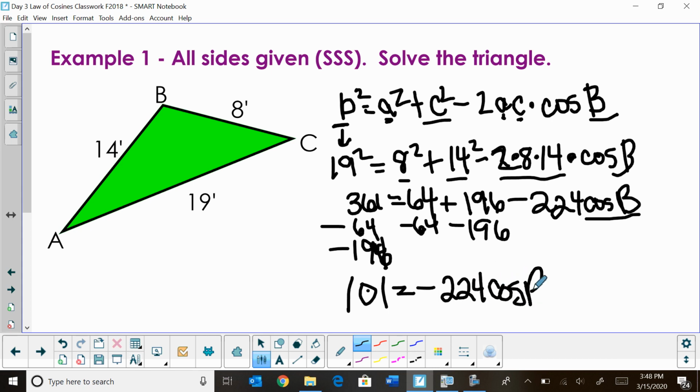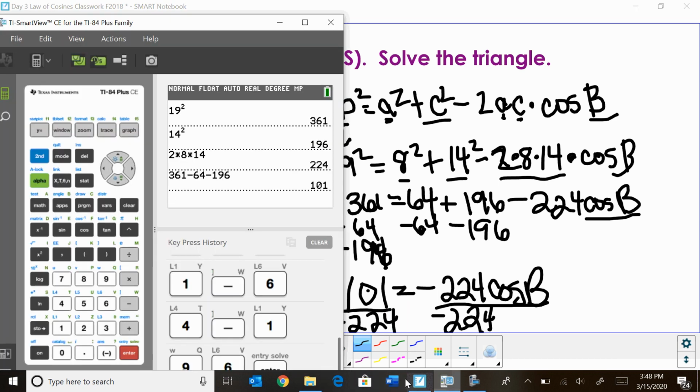Now we need to solve for the cosine of B, so let's isolate it by dividing both sides by negative 224. Grab your calculators and let's take 101 divided by negative 224.